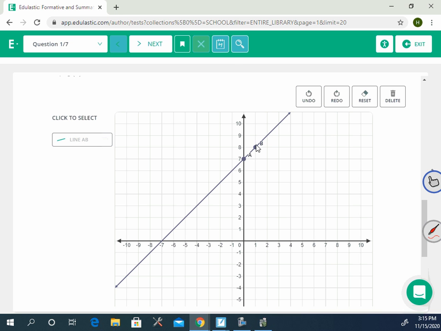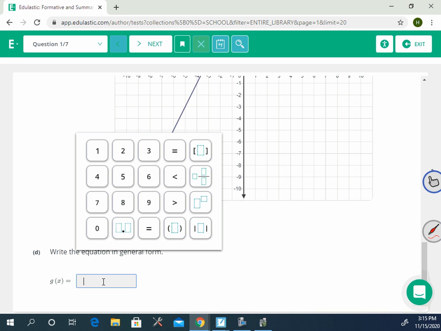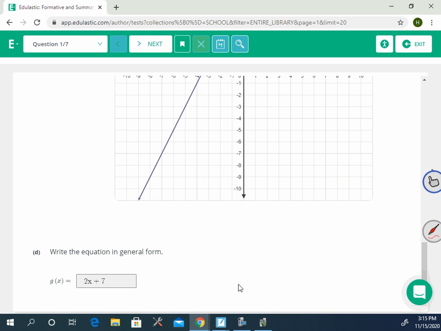And then if I drag this one, I've got 0, 7, 1, 9. And then if you look, 2, 11 should land on there, which it does. And then write the equation in general form. So our equation that we came up with was 2x plus 7. So you're typing that in. And then you can go to the next one.